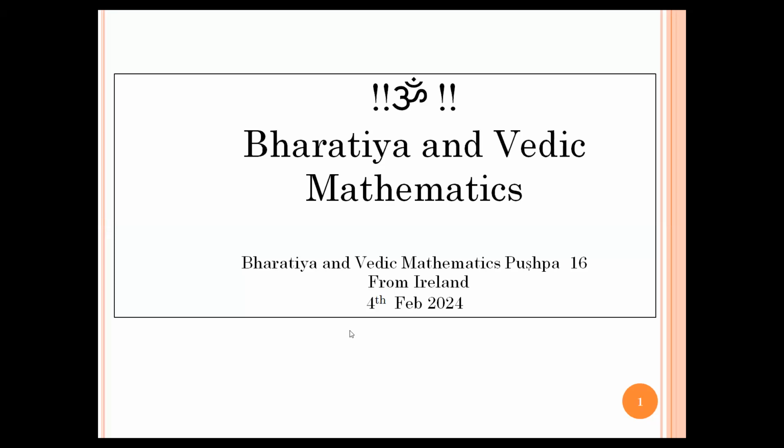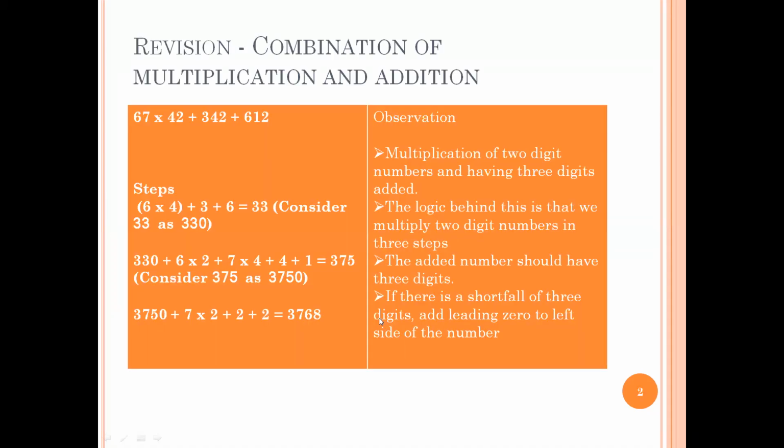So let's start with today's session. Last week, we studied the combination of multiplication and addition technique. Here, we learned that if we have to multiply two-digit numbers, the number of steps required is 2n minus 1, that is 3, and we add three-digit numbers.